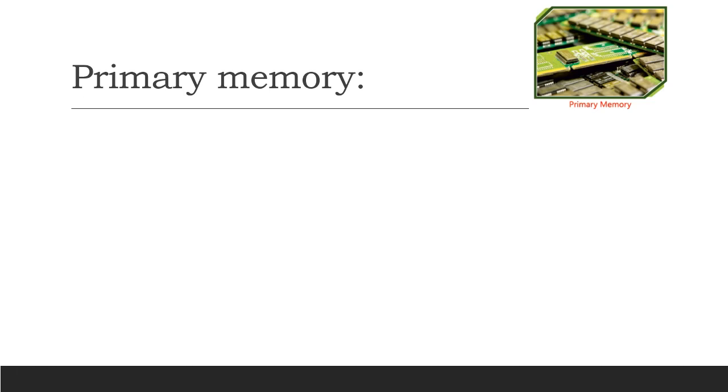Now the first thing is the primary memory. What do you mean by the primary memory? Primary memory is the main memory of a computer. This main memory is accessed directly by the processing unit.